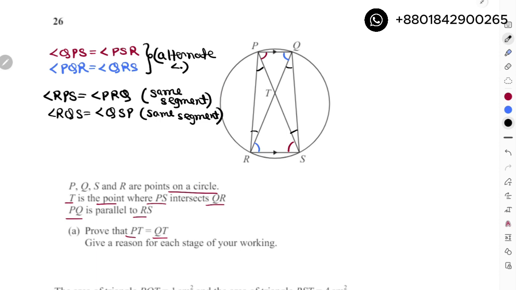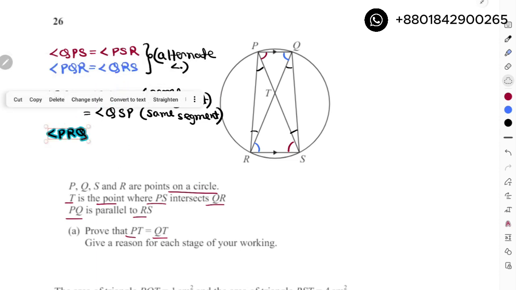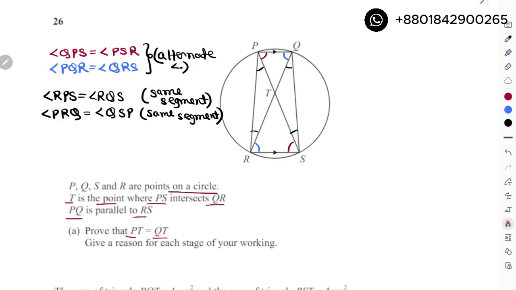Now in this situation, these two angles are also equal, right? Sorry, actually I made a mistake. This is supposed to be equal to this one, and this is supposed to be equal to this one, right? So now you can get the answer. If these two angles are equal and this angle is equal, if you subtract them, like if the total value over here is 50, then 50 minus 20 is going to give you 30 here, and 50 minus 20 over here also is going to give you 30.